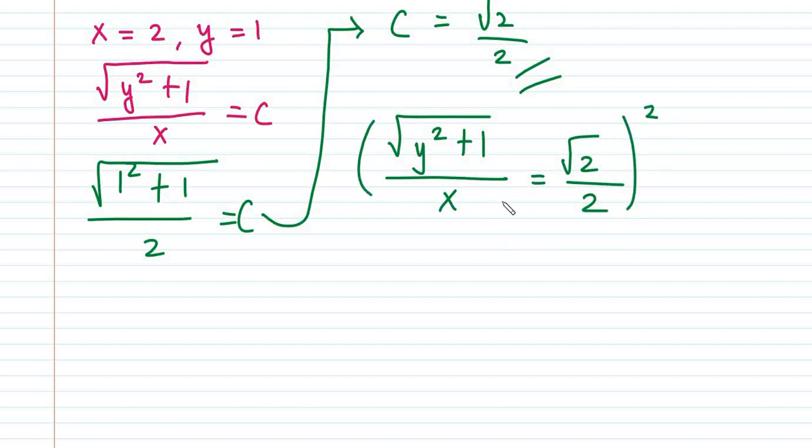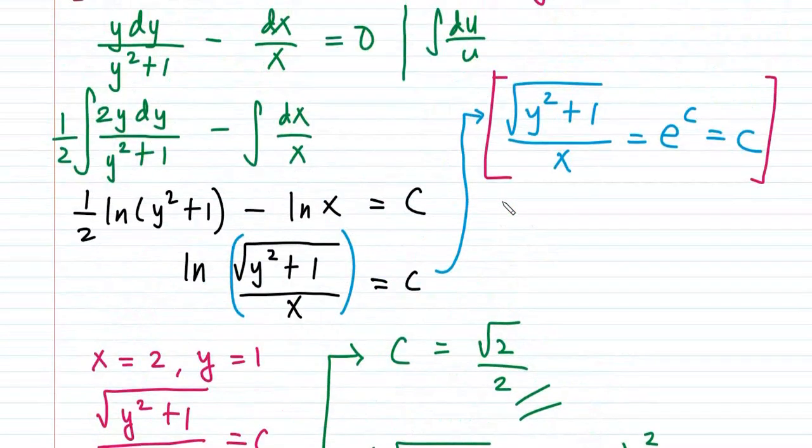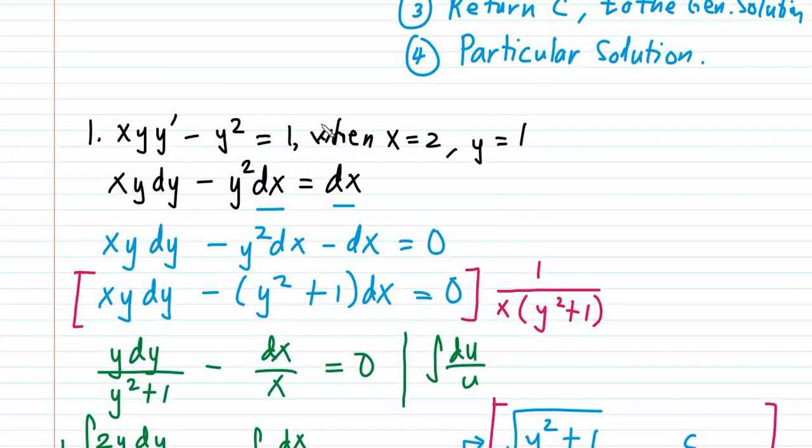By the way, in our given, we have y prime. This is derivative of y with respect to x, indicating that y is our dependent variable, and this is our independent.